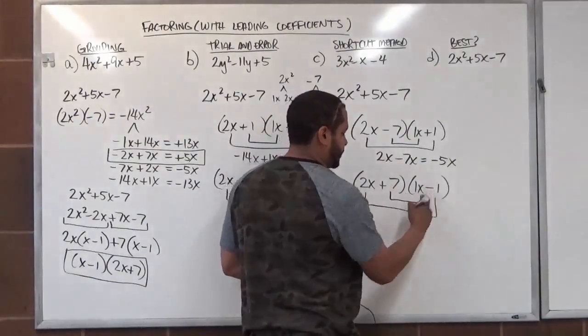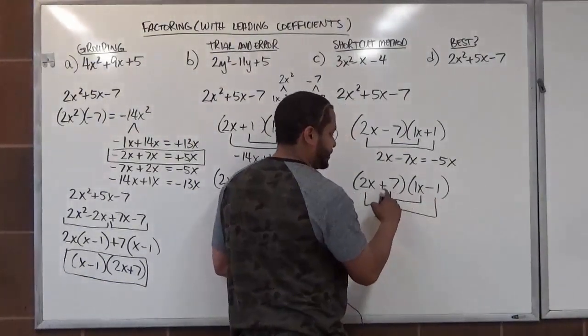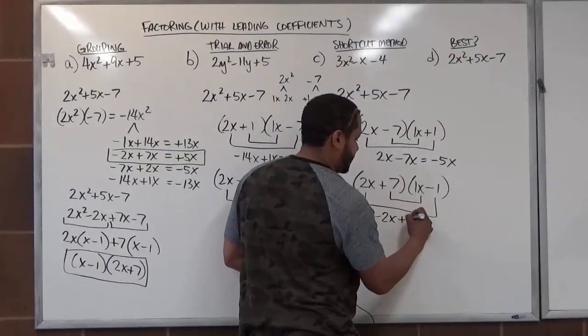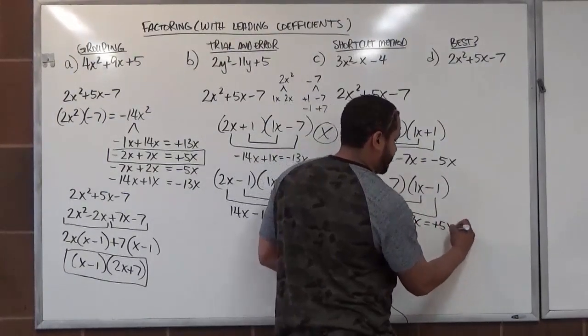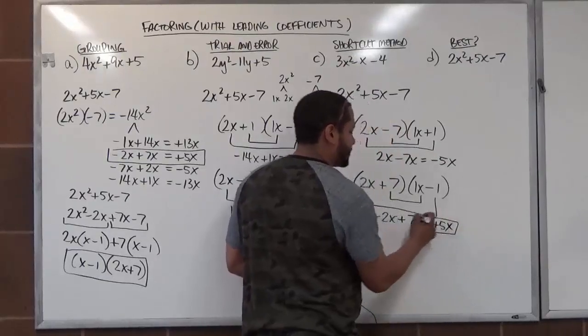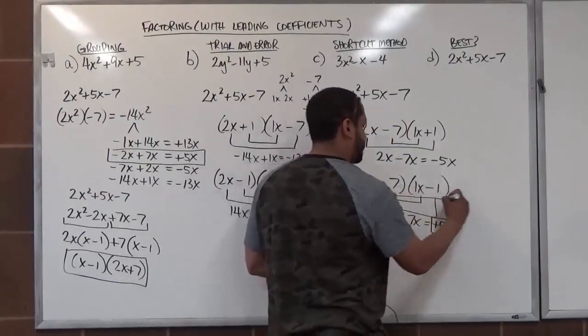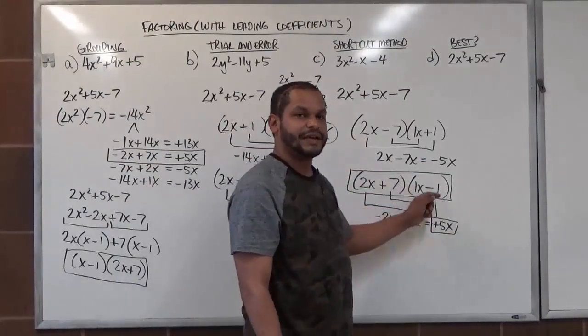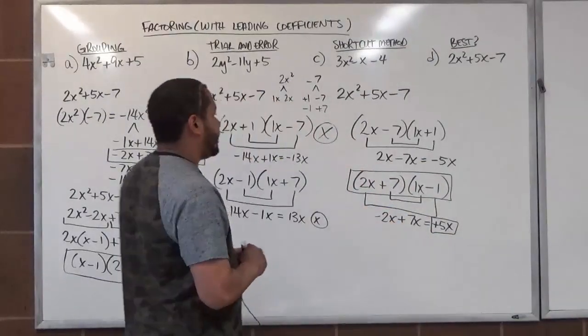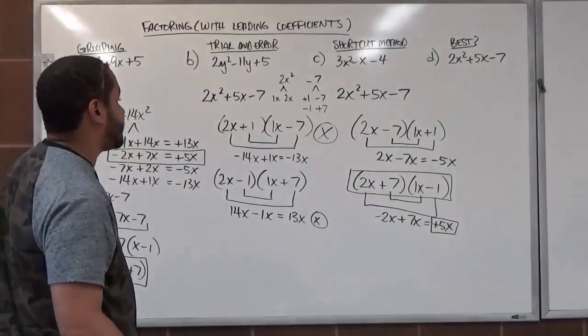So 2x by negative 1 is negative 2x's. 7 by 1x, positive 7x's. And so when we sum these up, we get positive 5x's, clearly indicating to us that we have all the terms we need. The possible factors for this are exactly 2x plus 7 and x minus 1. And that covers our trial and error method.